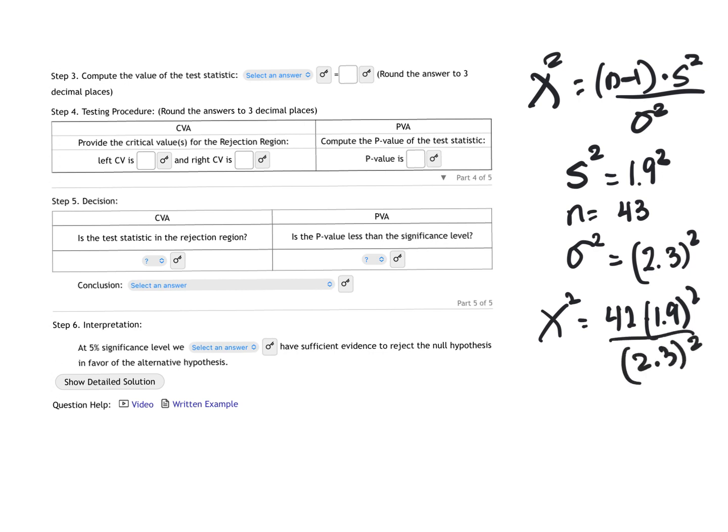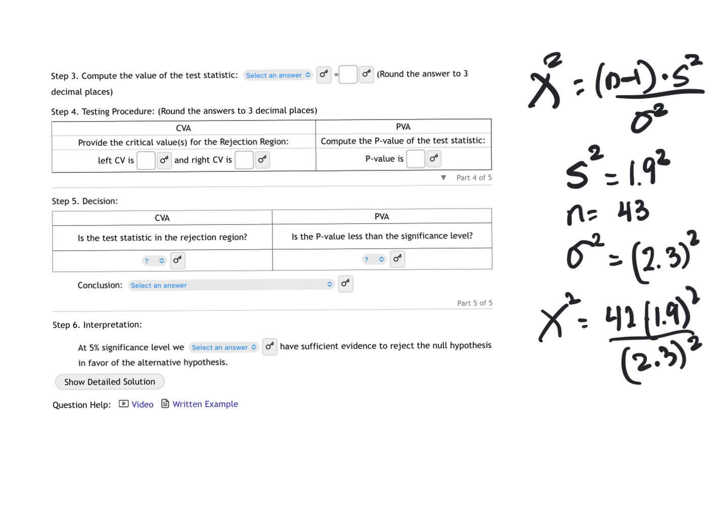The closer this number is to 1, then the less likely I am going to reject. Or actually not to 1, the closer this number is to the sample size, the less likely I am to reject. So this is going to be my test statistic.